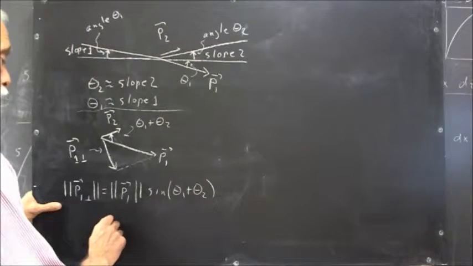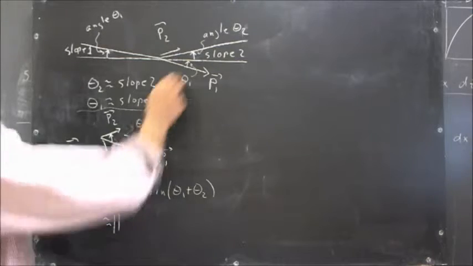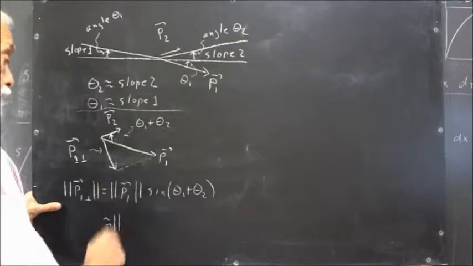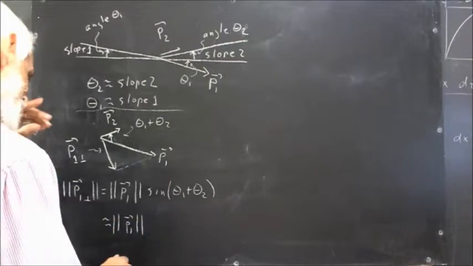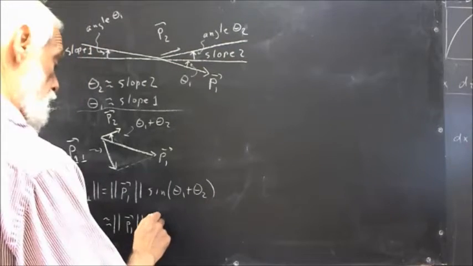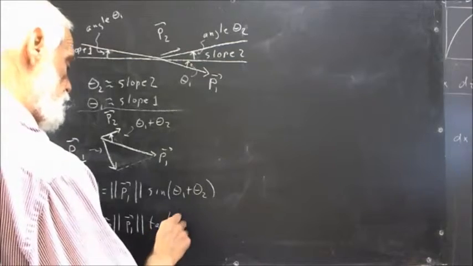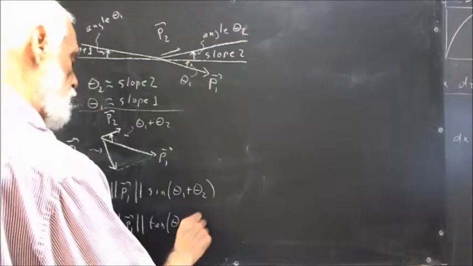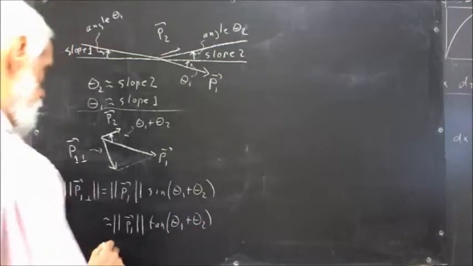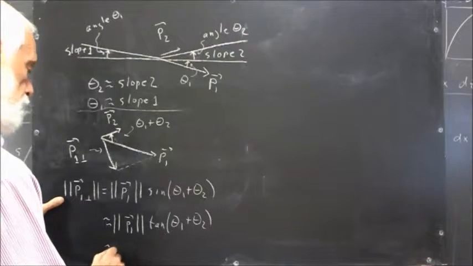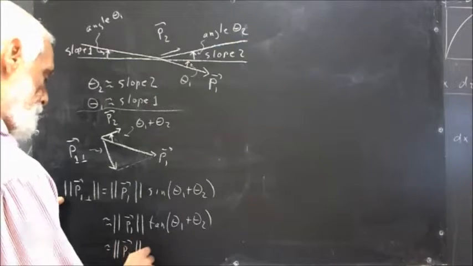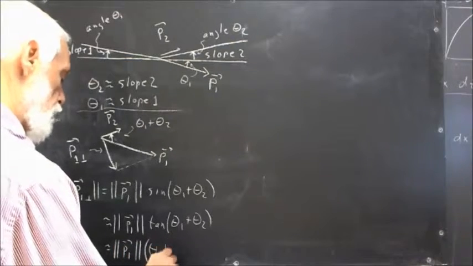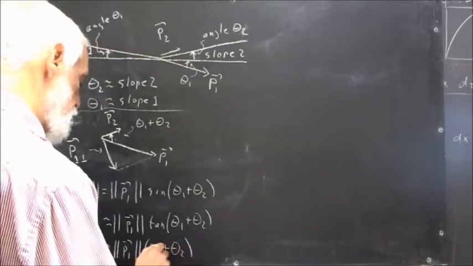Well, that's approximately equal, to the extent that this angle theta 1 plus theta 2 is small, to the magnitude of P1 times, in the first place, the tangent of theta 1 plus theta 2, which is approximately equal to magnitude of P1 times theta 1 plus theta 2.